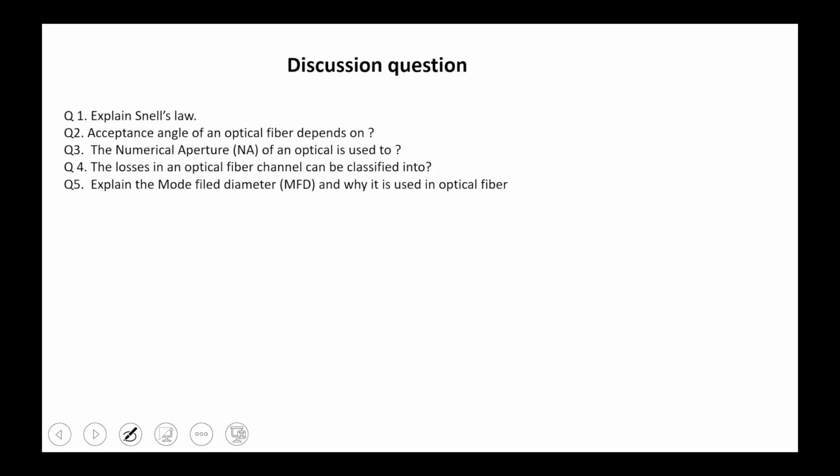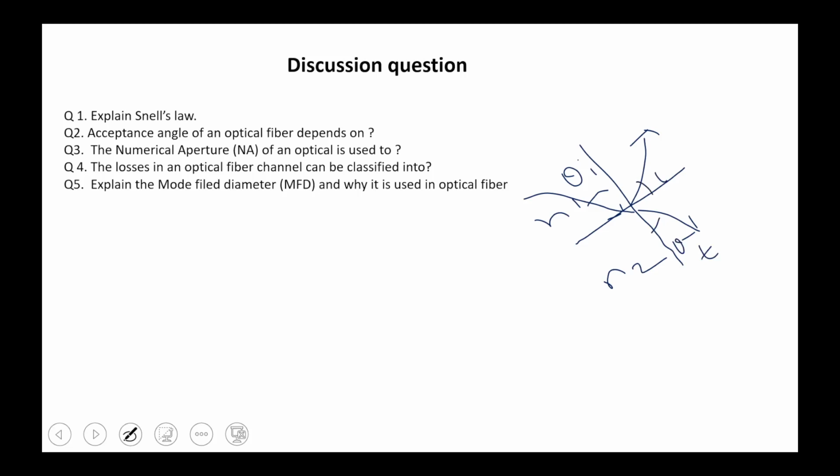Snell's law is from the basic optics we read in 12th, the physics of reflection and refraction. So this is my medium N1 refractive index, this is N2, and some of the wave will be transmitted and some will be reflected. This is my theta I, this is my theta T, and this is theta R.